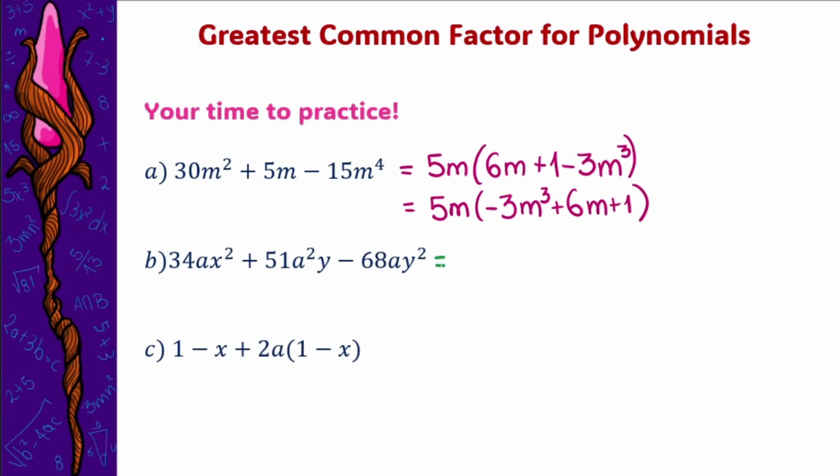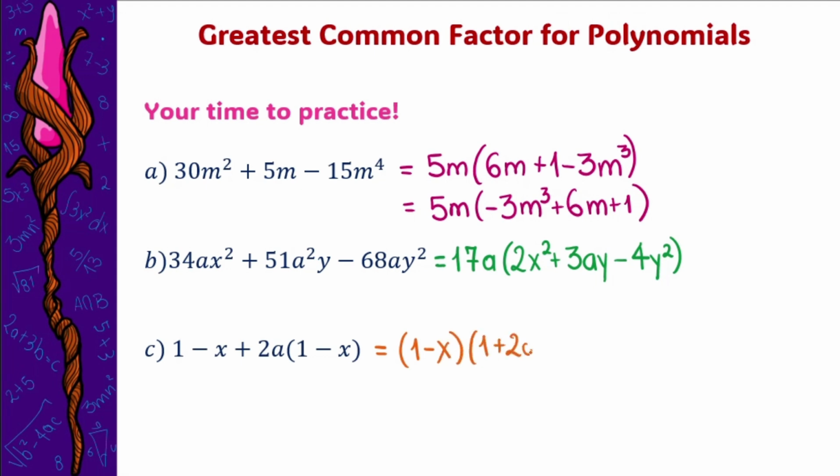This second one is 17a is a factor of 2x squared plus 3ay minus 4y squared. This one we could consider it organized already. And finally, this one, it would be 1 minus x is a factor of 1 plus 2a.